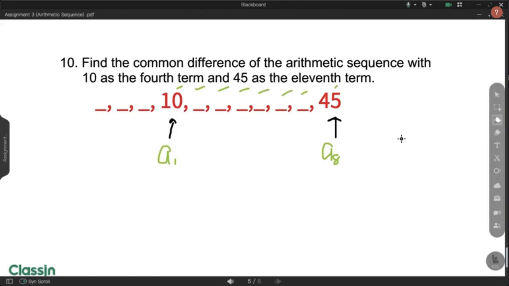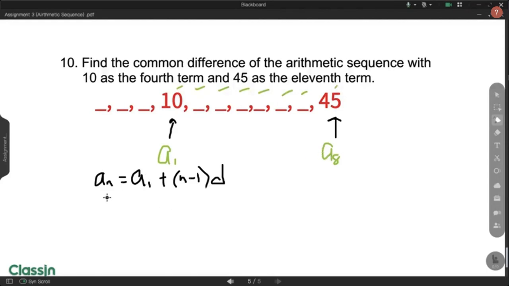If we find the common difference of this sequence, then that will be the answer already for number 10. No need to find the first, second, and third. We'll just be looking for the common difference. Let's begin. Using the formula, a sub n equals a sub 1 plus the quantity n minus 1, multiply that by your common difference, which is what we're going to find out.